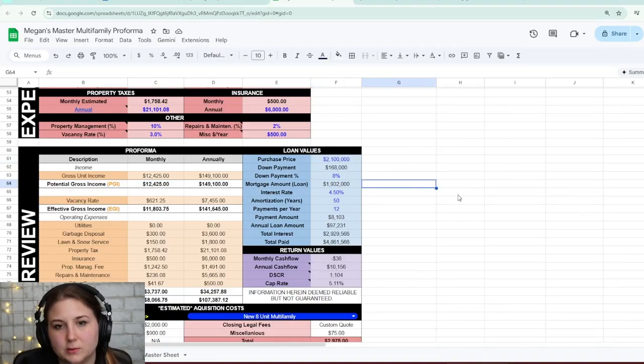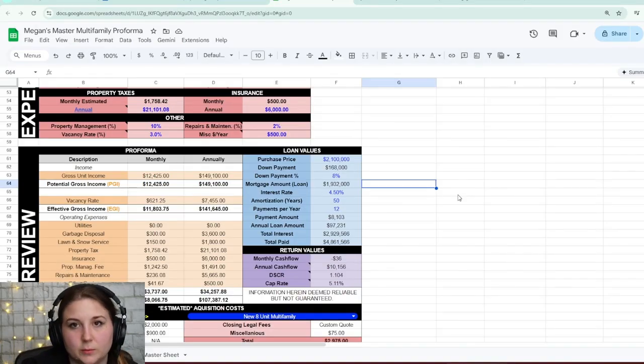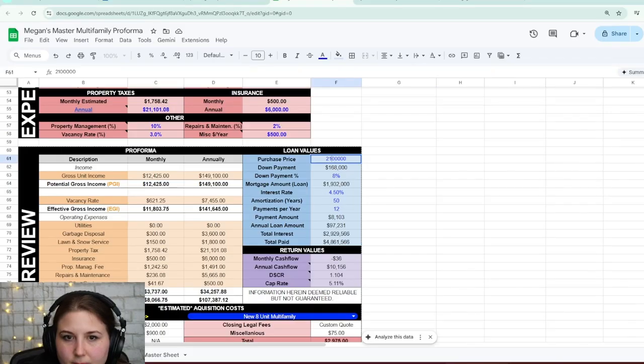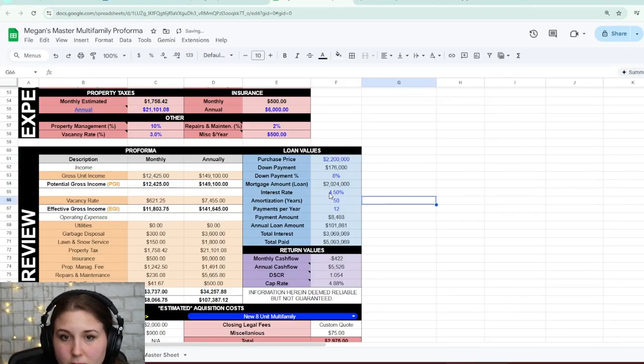I think that 2.1 wouldn't be a crazy good deal. I think that'd still be a fair price for it. I just doubt that the developers are gonna drop 100K until the market really starts turning in the buyer's favor. But let's say that you did buy this for 2.2, which, I don't know, I think that's a bit much.